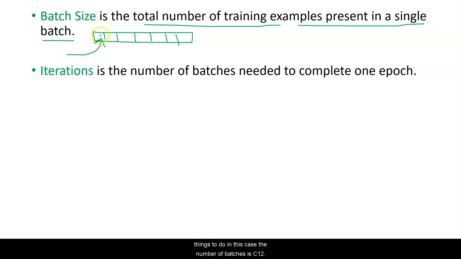So in this case, the number of batches is 1, 2, 3, 4, 5, 6 and 7, right? So the number of batches is 7, whereas batch size is the number of data points present in one single batch.